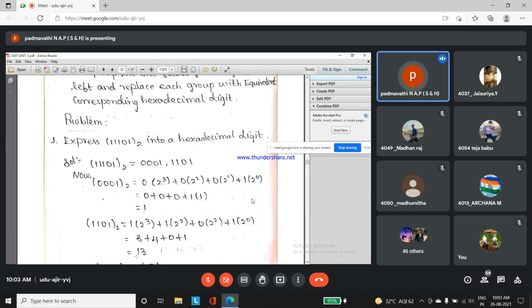So the hexadecimal digits of 11101 base 2 are the answer.